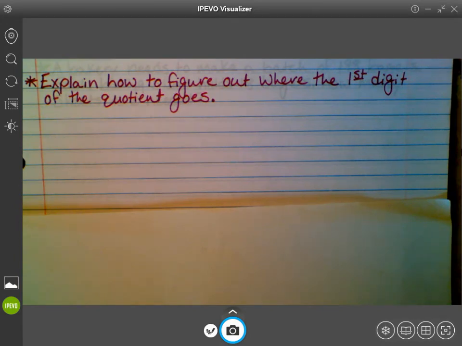Explain how to figure out where the first digit of the quotient goes. And then put a thumbs up when you're done.